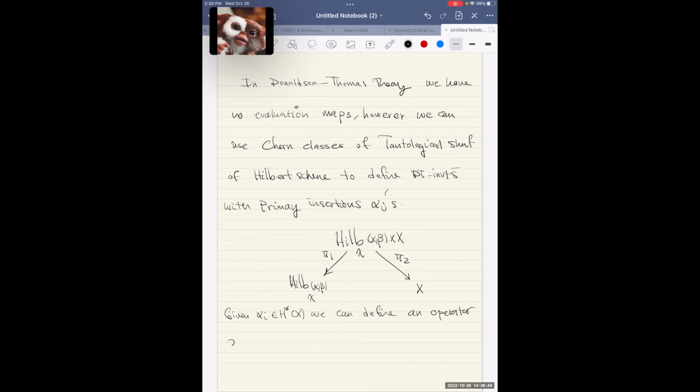I'm going to call it sigma 0 of alpha_i, and it is going to be pi 1 lower star of something. It's like a Fourier transform. I'm going to start from some alpha_i here, pull it back up, and then push it forward onto the Hilbert scheme.